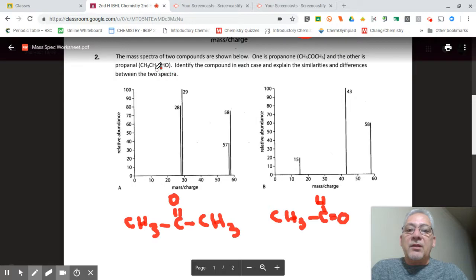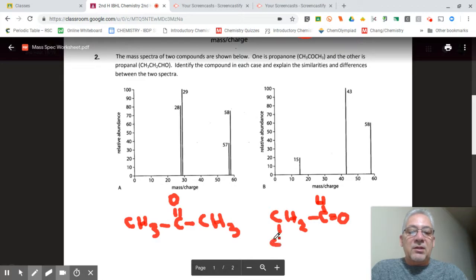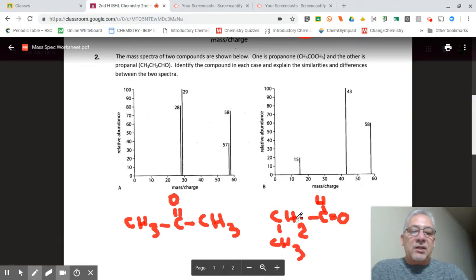Sorry, I missed one of the CH2 groups. So let me erase this one and write down again CH2. I can do this because that's the way we can write organic compounds. So we actually have 3 carbon, 1, 2, 3. This is a CH2. For those of you who cannot see, this is a number 2. Let me rewrite that one again. Number 2. And that will be CH3, CH2, and that will be the aldehyde formula.